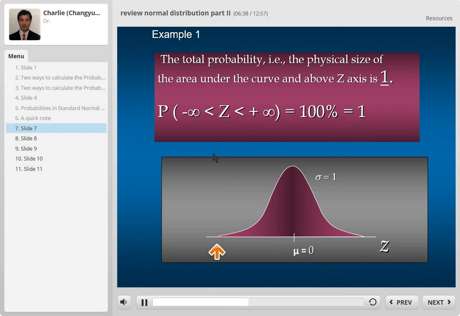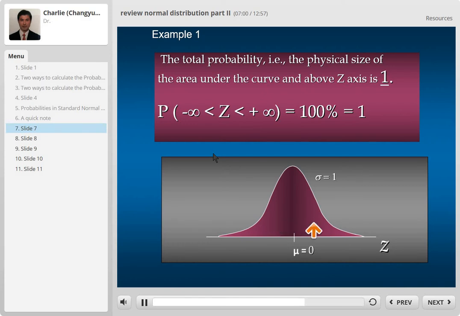So here, in the normal distribution, the left tail stretches all the way to negative infinity, and the tail on the right-hand side goes all the way to positive infinity. So all the area under this curve above the z-axis equals 1.